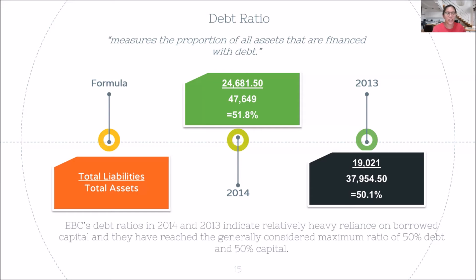So, EBC's debt ratios in 2014 and 2013 indicate relatively heavy reliance on borrowed capital. Yes, that's what I said earlier. And they have reached the generally considered maximum ratio of 50-50 capital. So, I cannot really say that it's a good or bad indication. But for now, let's pause.